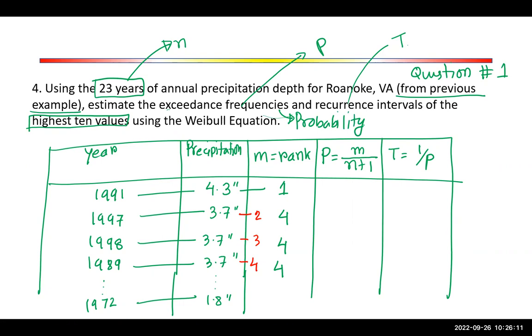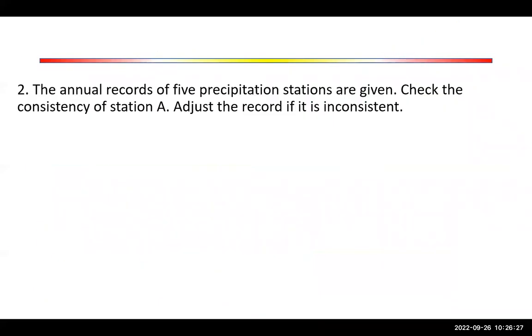So, like in the test, I may only ask you to do the P, maybe not the T. But if I ask you to do the T, you need to do the P actually, because T equals 1/P, right? Okay, so let's go back to question number 2.